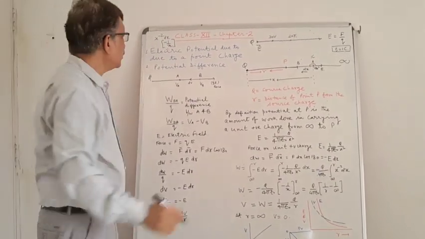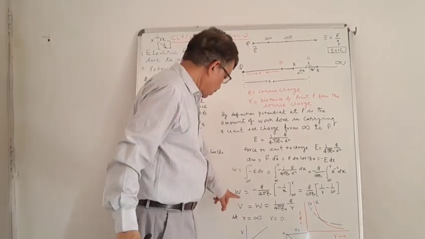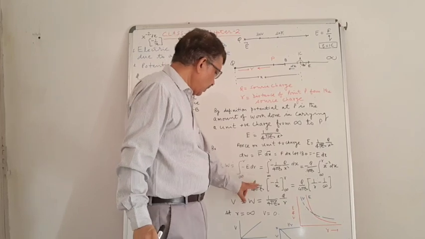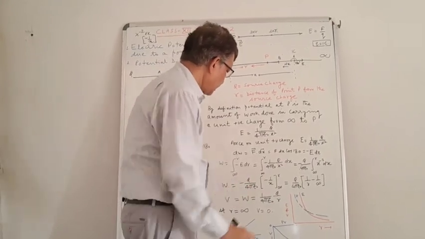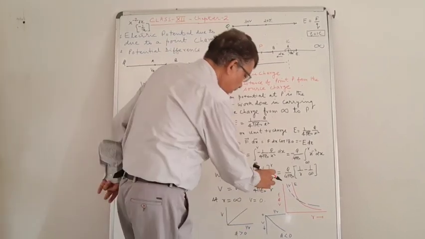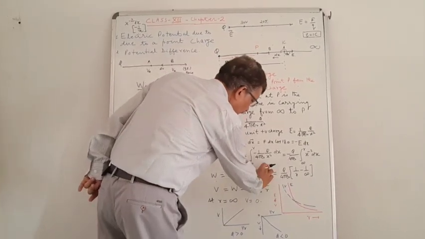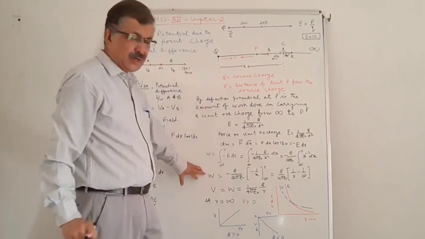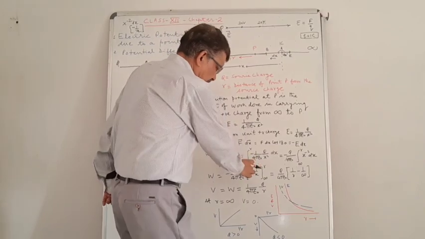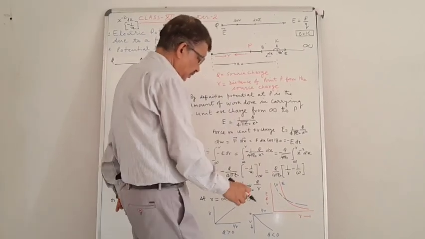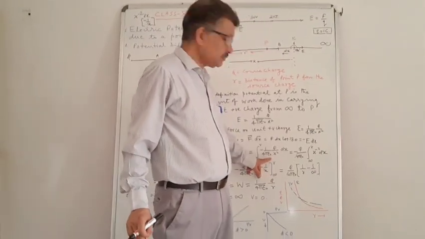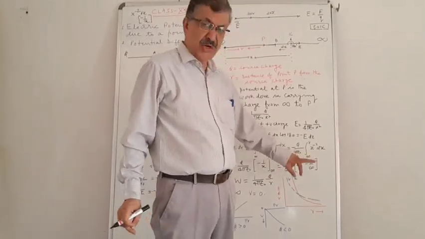using the standard formula. So the value will be W is equal to minus Q by 4 pi epsilon naught times minus 1 by x, and the limit will go from infinity to R. So this is the total amount of work done. Now using the standard procedure, we have to put the upper limit first minus the lower limit.